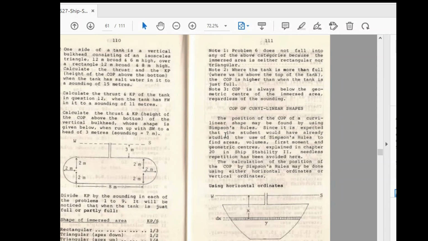It says one side of a tank is a vertical bulkhead consisting of an isosceles triangle 12 by 6 over a rectangle 12 by 8. So rectangle is 12 by 8.